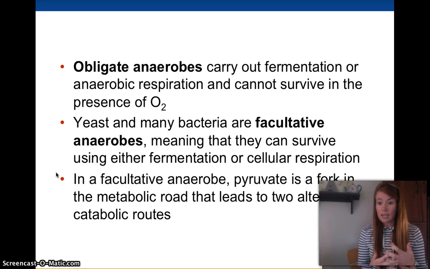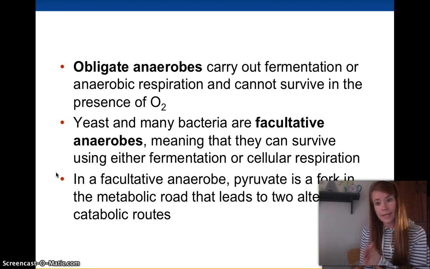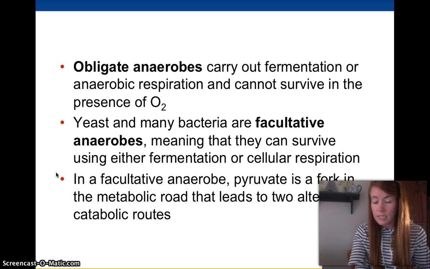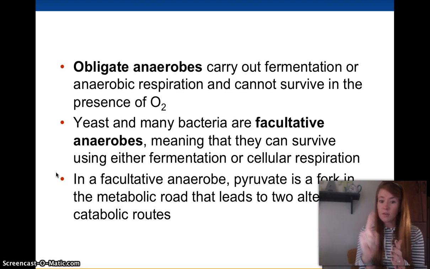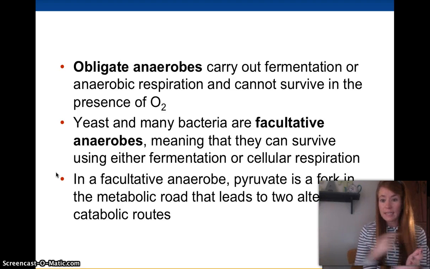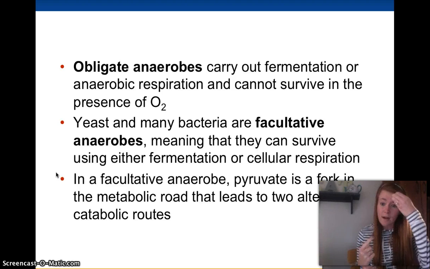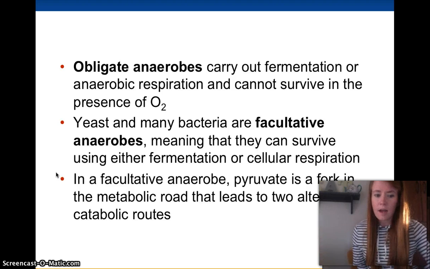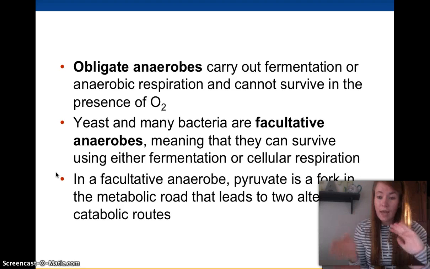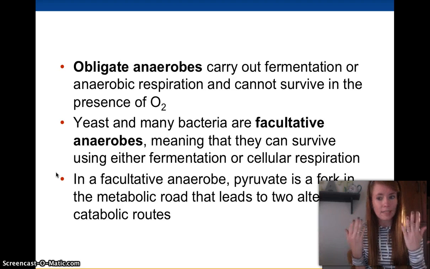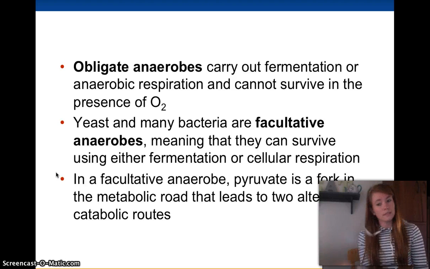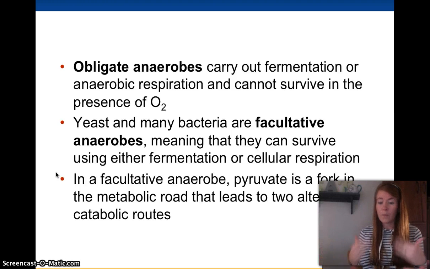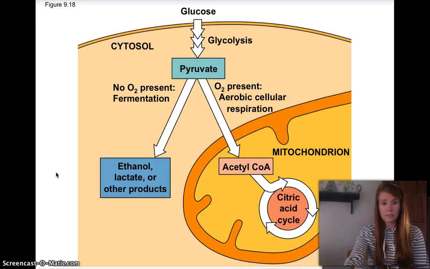Either that cell can use oxygen if it's present and continue down the cellular respiration route, or if there's no oxygen present, it can recycle the pyruvate, recycle the NADH, and continue performing glycolysis through fermentation. Two alternative catabolic routes, meaning we're breaking down something. Catabolism is breaking things down. We can either do cellular respiration or fermentation, depending on whether or not oxygen is present.